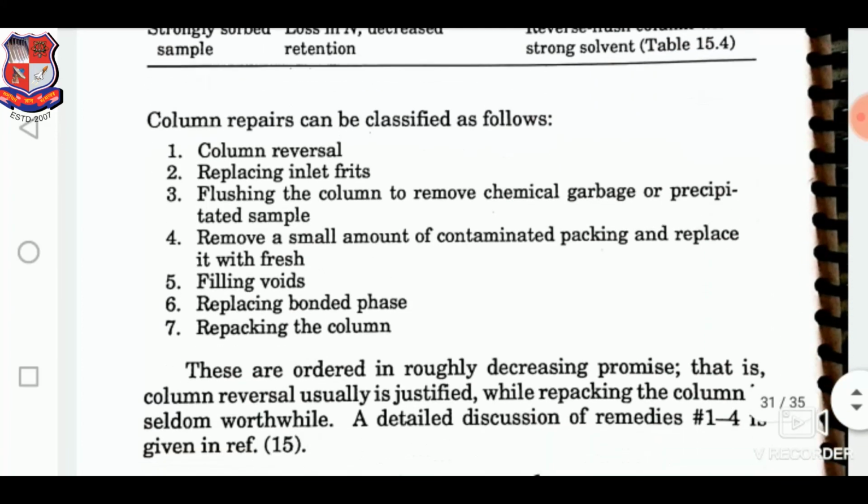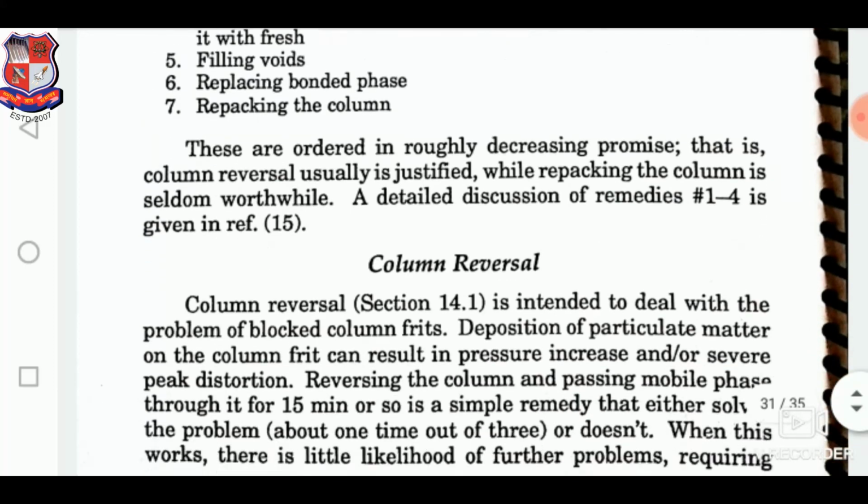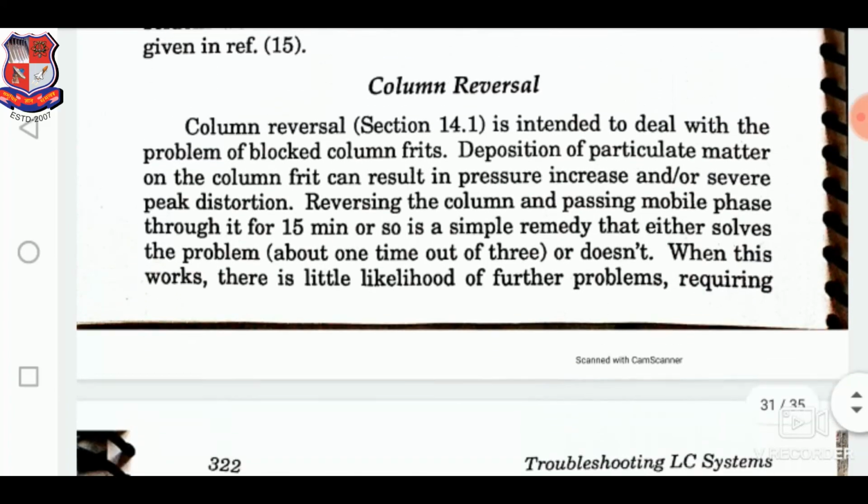Column repair can be classified as column reversal, replacing inlet plates, flushing the column to remove chemical garbage or precipitated sample, removing a small amount of contaminated packing, filling voids, and replacing the bonded phase and repacking the column. Now the first one is column reversal.